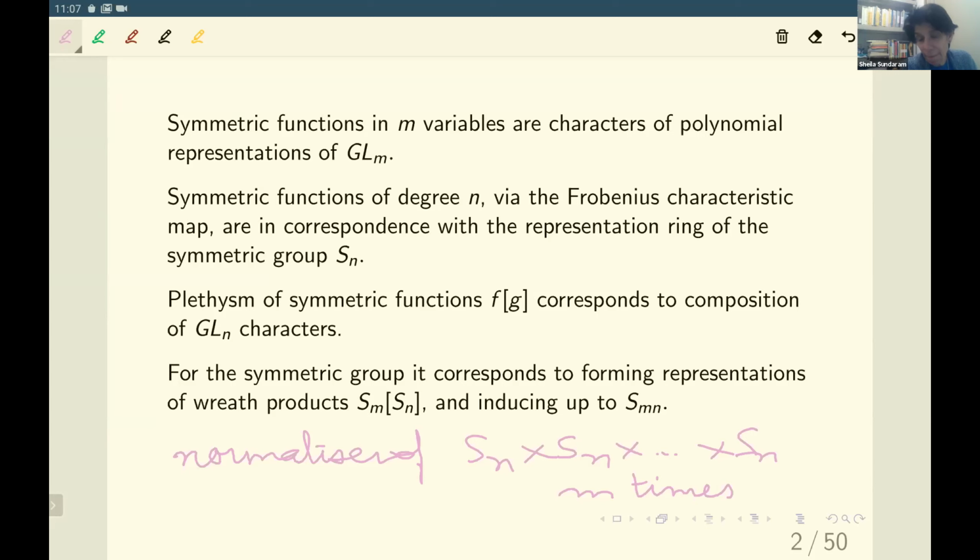So Sn cross m times, and then you act by Sm by permuting these copies, right?